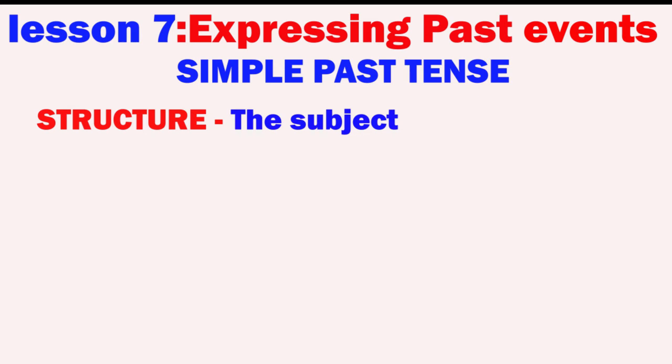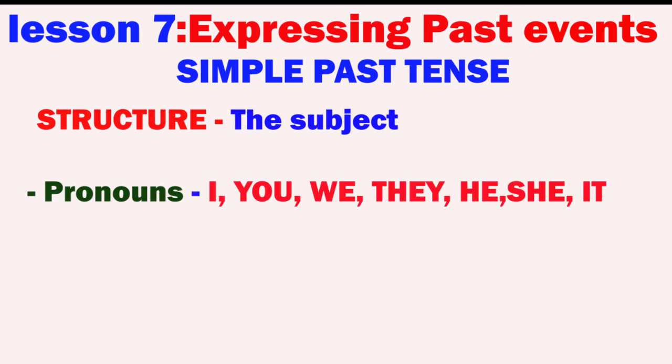They just remain as they are. But you must remember that in the subject we can include pronouns like I, you, we, they, he, she, but also we can include all kinds of nouns. Remember that we have also talked much about nouns.